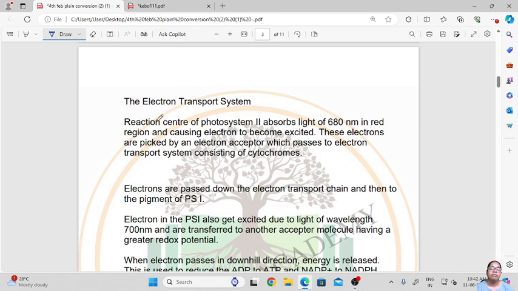The reaction center of photosystem 2 absorbs light at 680 nanometer in the red region, causing electrons to become excited. These electrons are then picked up by an electron acceptor, which passes them to the electron transport system consisting of cytochromes.